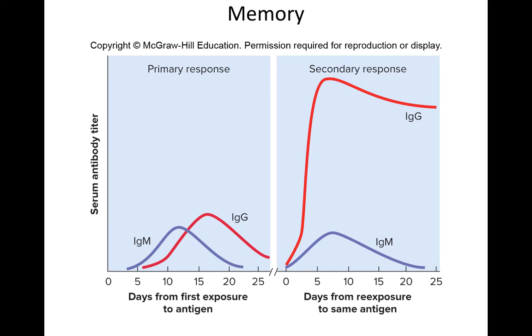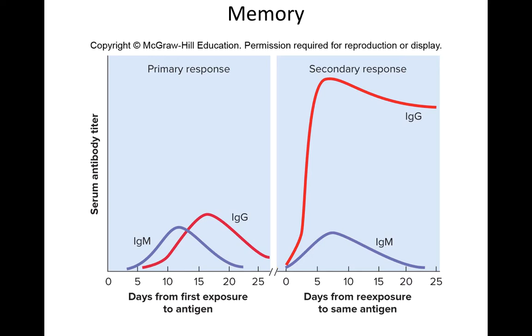That way, when you come across the virus or bacteria in its true virulent stage, you're going to get this response. You're going to get the immediate, strong response that occurs when you already have memory. That's why vaccines work. That's why they are important.